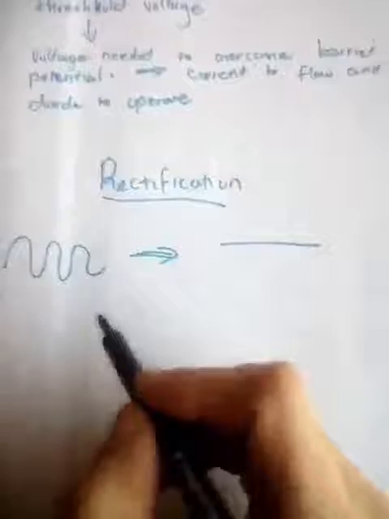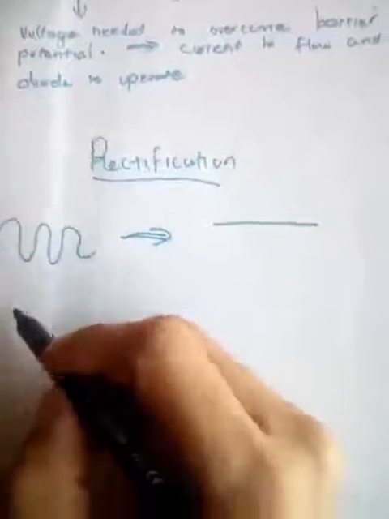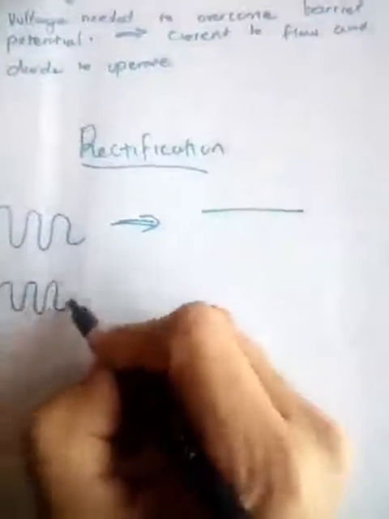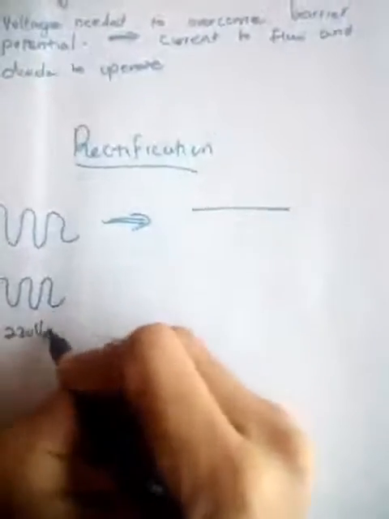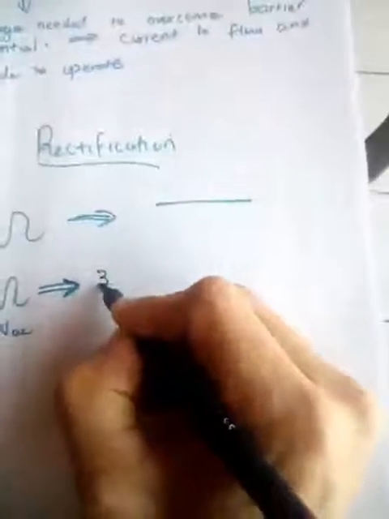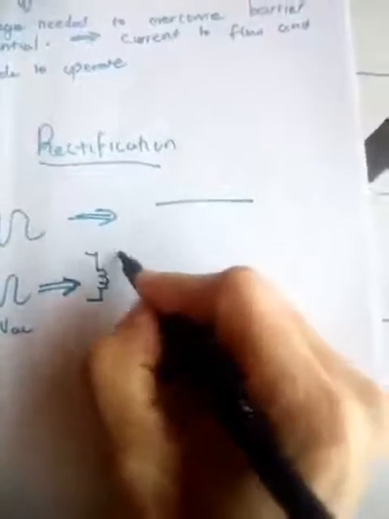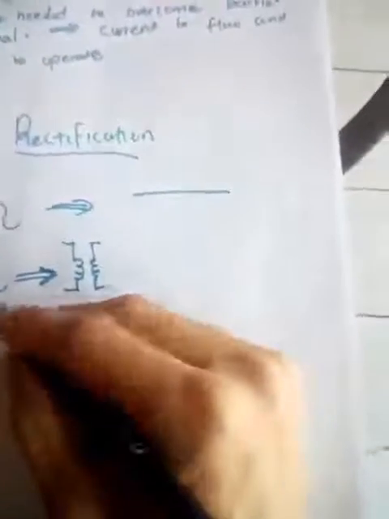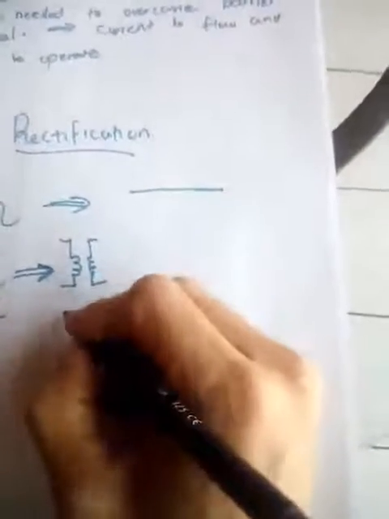And you should know by now, normally if you rectify, it's the same as your cell phone charger. You have 220 volts AC. Then after that you have, what do you call this, your transformer, which does what to this AC wave?